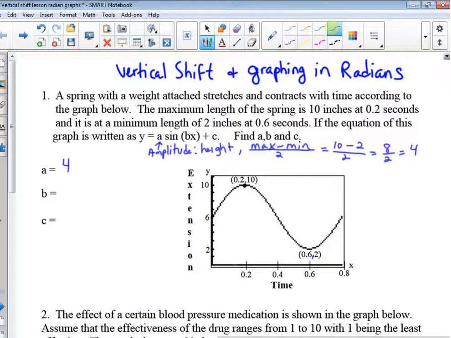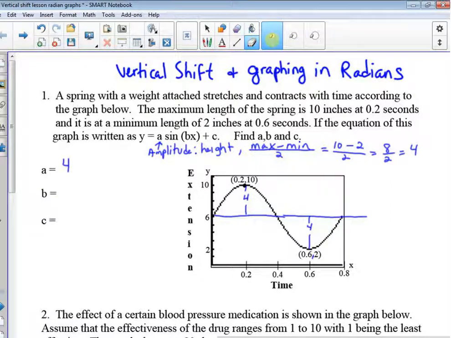So that middle line looks like it's around here at 6. So this is 4, and that's 4, and this distance is 4, and that distance is 4. So that's our amplitude.